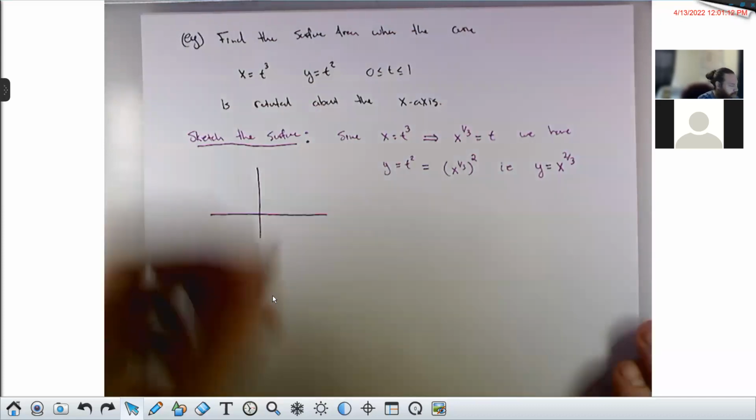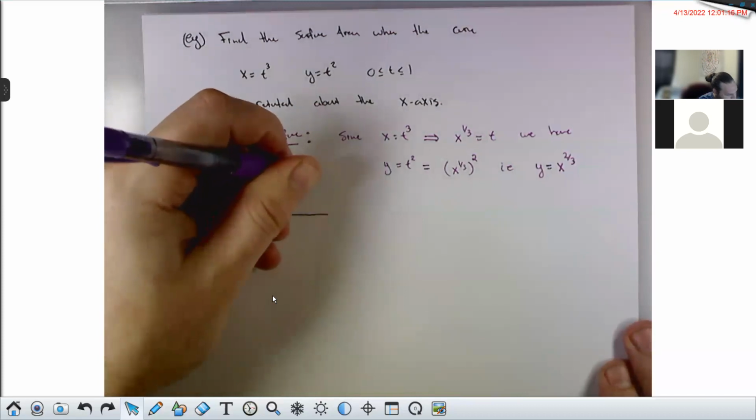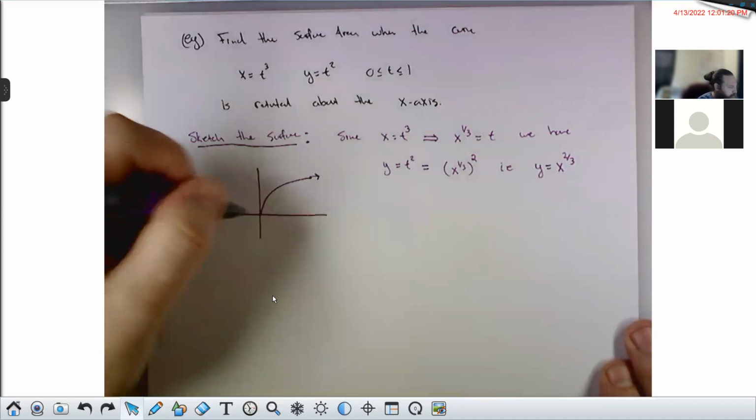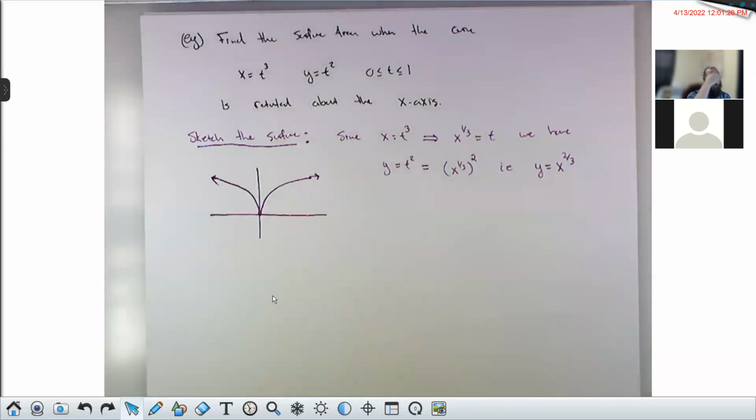And you may remember what the graph of x to the 2/3 looks like. This is a curve that shows up in Calc 1. It is this cusp form, looking kind of like the square root function in quadrant 1, and then it's an even function. So we have this symmetry, and there's this pointy bit down here called a cusp.